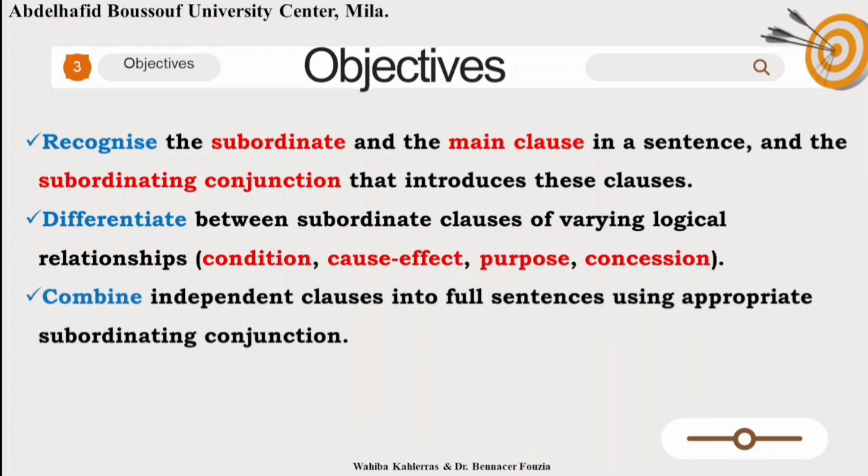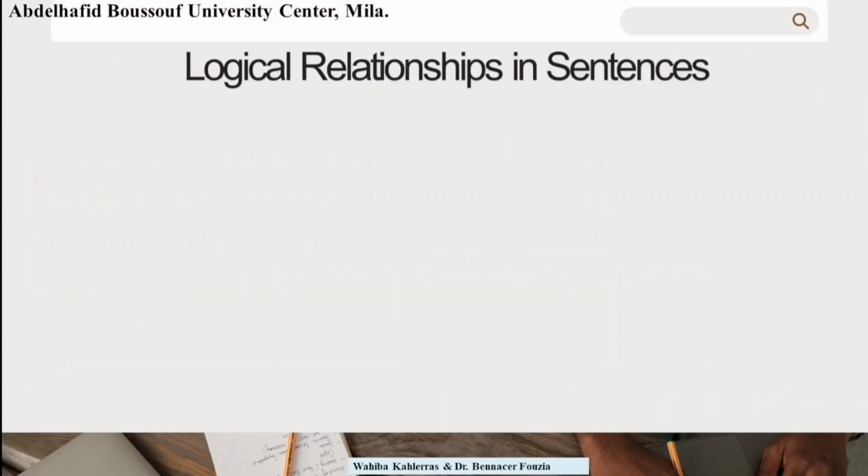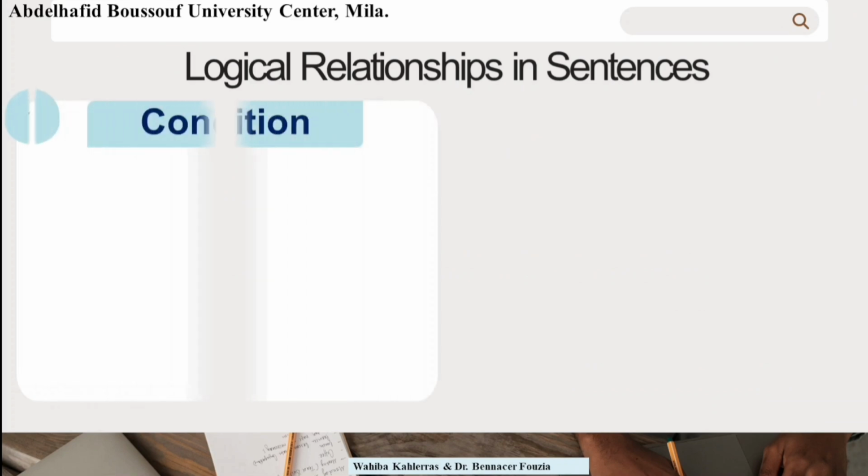You're also going to combine independent clauses into full sentences using appropriate subordinating conjunctions that relate to various logical relationships like condition, cause effect, purpose, or concession. And finally, you will write sentences of your own expressing logical relationships. That's the major objective of the lesson.